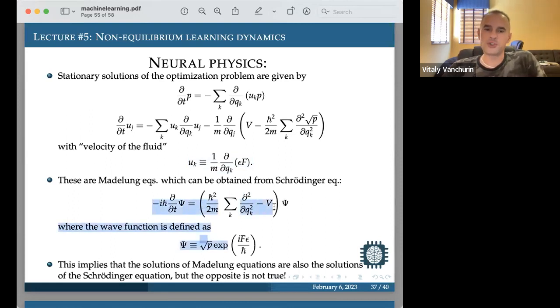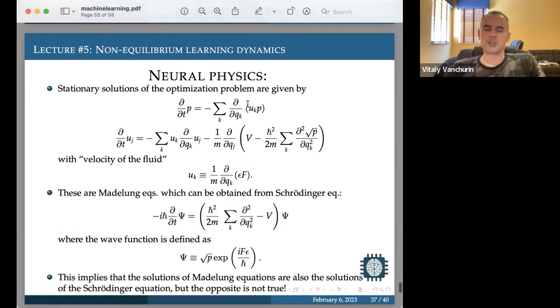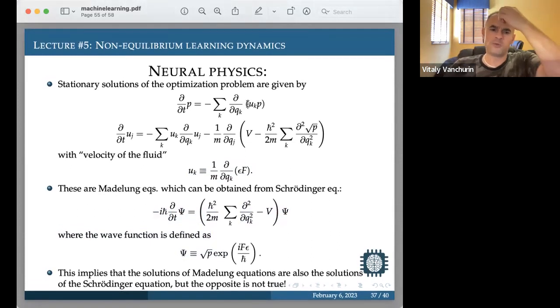There are many solutions of the Schrodinger equation that are not solutions of the Madelung equations. I'll explain quickly why that's the case before we move on. But the main message here is that we do not get some kind of quantum behavior from a learning system. What we get very closely resembles quantum behavior, but not everything of it.